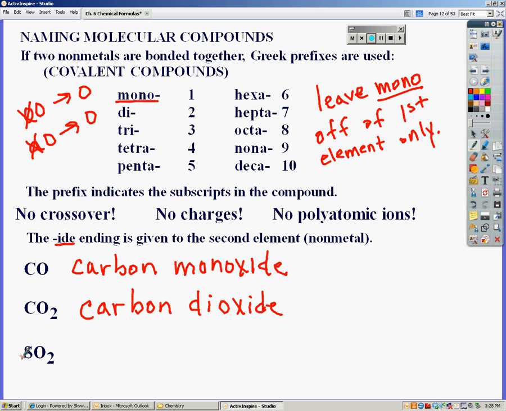Okay, then our third example here, now we have sulfur first, and it's not going to be sulfide. You don't change the ending to "ide" on the first element. It stays just as its name is on the periodic table.